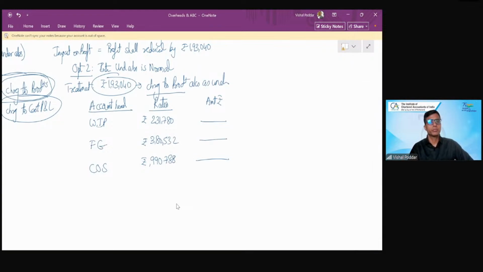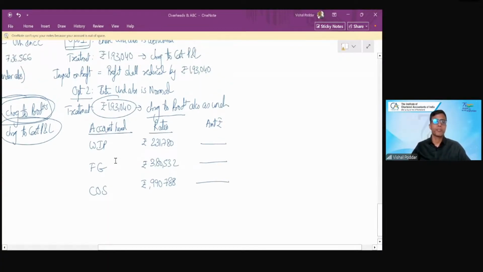Right, students? So this is the treatment when they say give two optional methods.